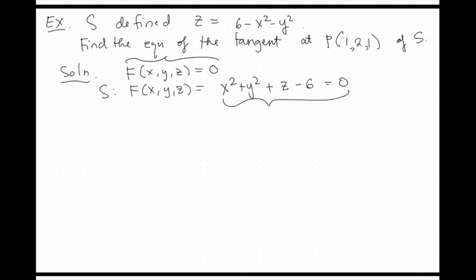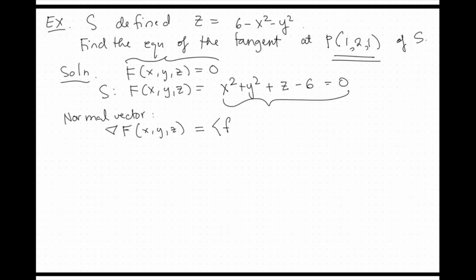Now, to get the normal vector, we get the gradient of our F at the point. First, we are going to get the gradient for an arbitrary point (x, y, z).